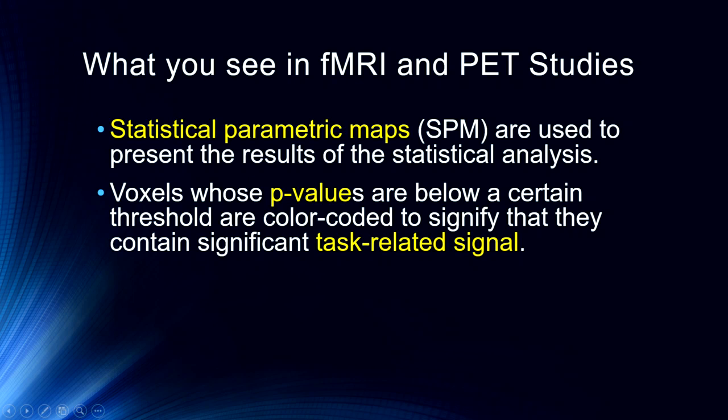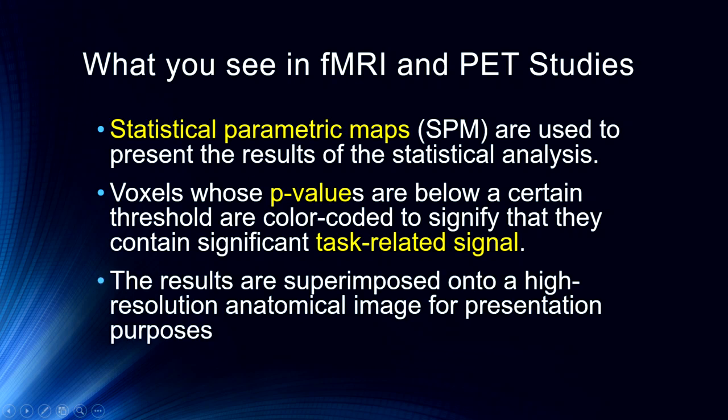In that voxel where we get a p-value below a certain threshold, that's when we get those maps. Usually they're yellow, orange, and red, depending on the level of difference between those two groups of voxels. The greater the difference, the lower that p-value is going to be.